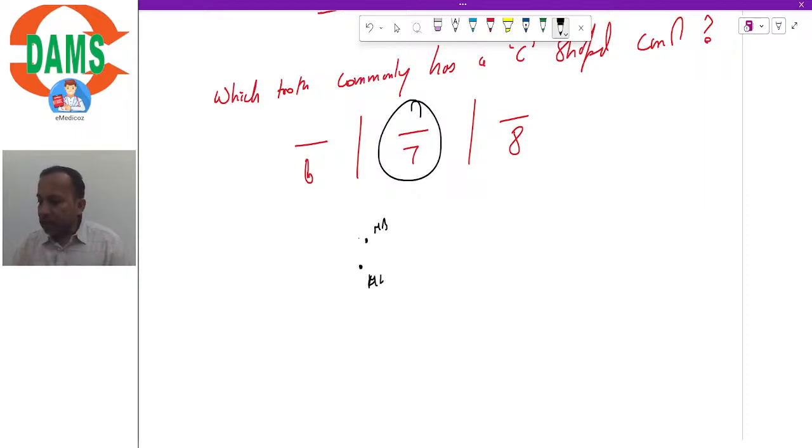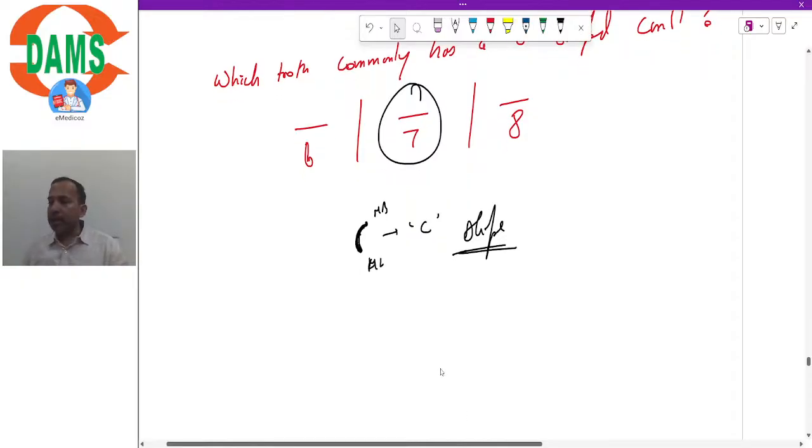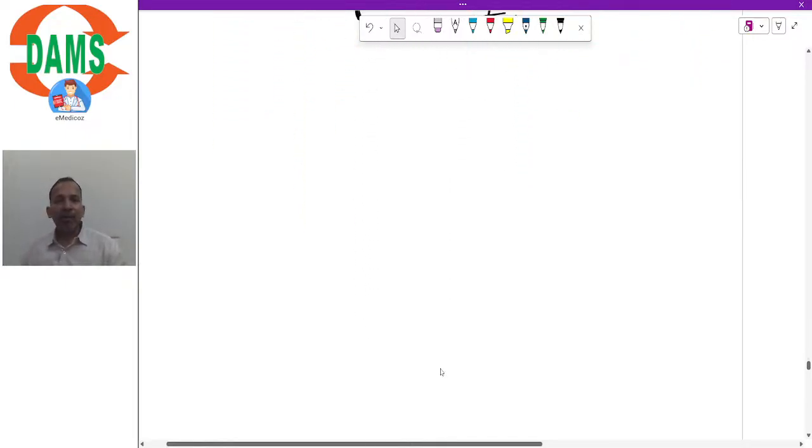Usually they can be easily identified separately, but sometimes the isthmus between them is connected, and that is why they appear like a C shape. Clear? Both the mesiobuccal and mesiolingual canals appear to be connected, and that forms the C-shaped canal. It is the second molar which most often exhibits it. Yes, very good, Nimisha.